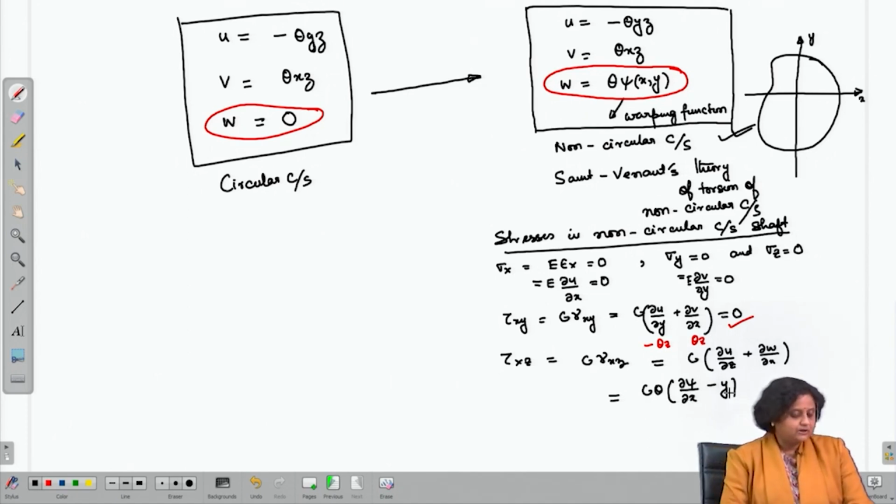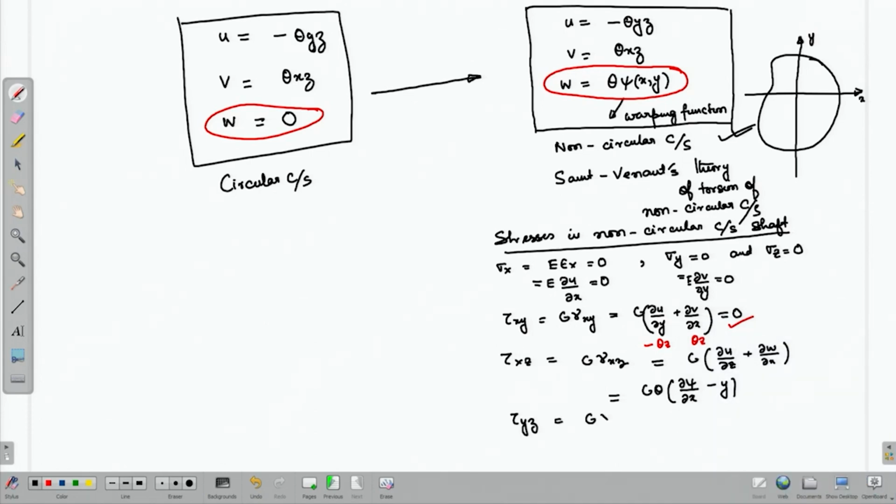This is the expression for tau xz that we get from the displacement field. Similarly, tau yz, the other remaining shear stress, is G into gamma yz, and if you write it as G into del v by del z, you will get this as G theta times the corresponding expression. This is what we get.